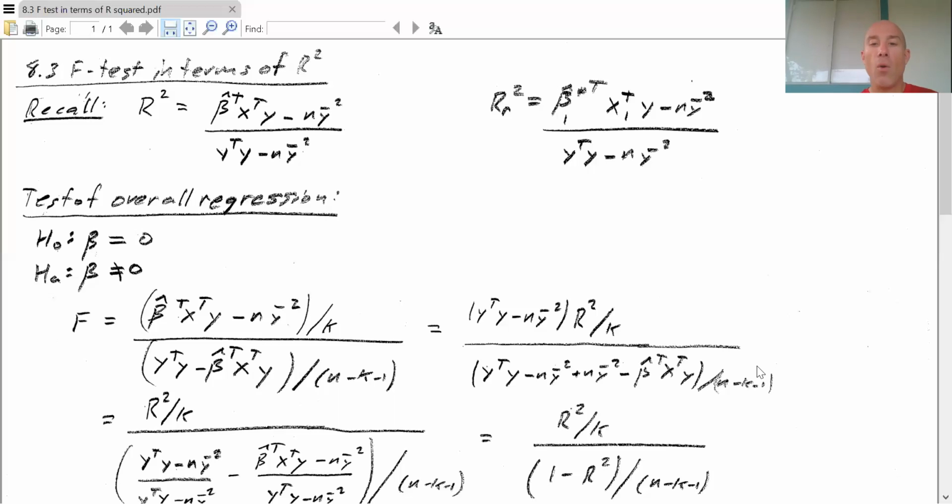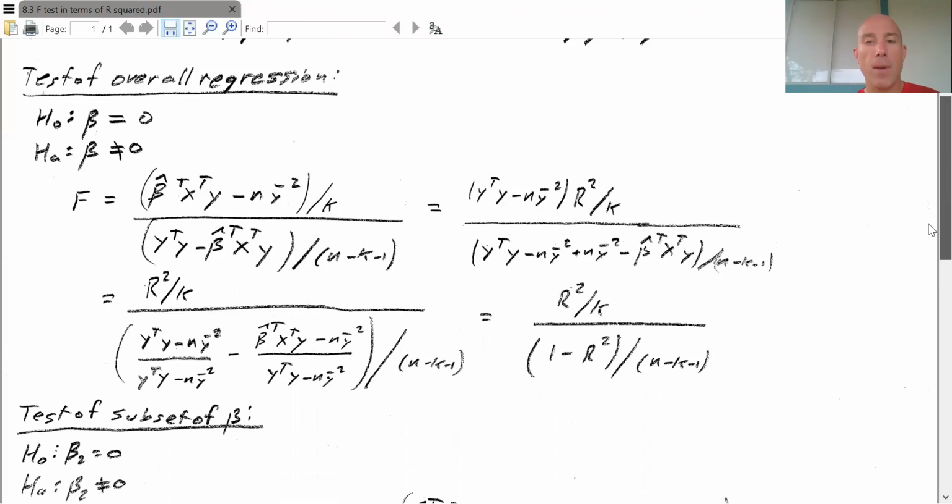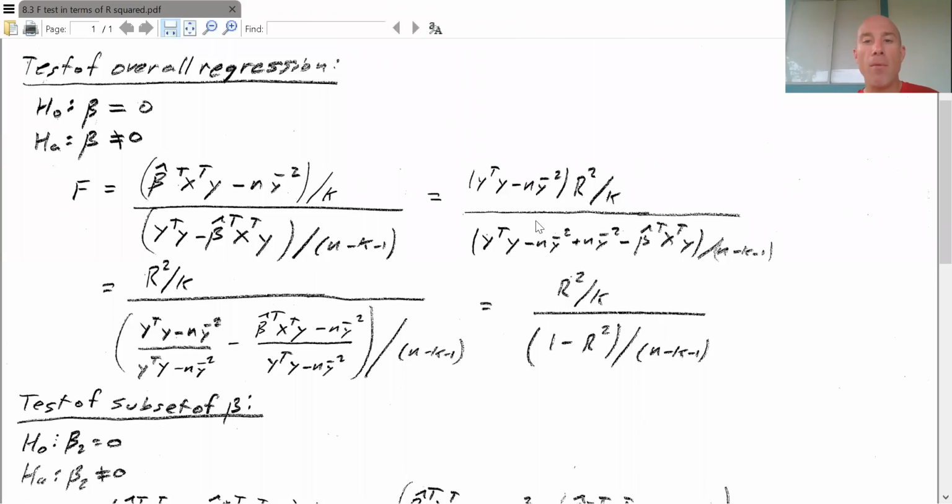Okay, well, at this step I'm going to divide the top and bottom of the big fraction by this parenthesis here. When I do that, of course, this parenthesis will cancel out. Now down here, this is the same as that, so that's going to become a 1.